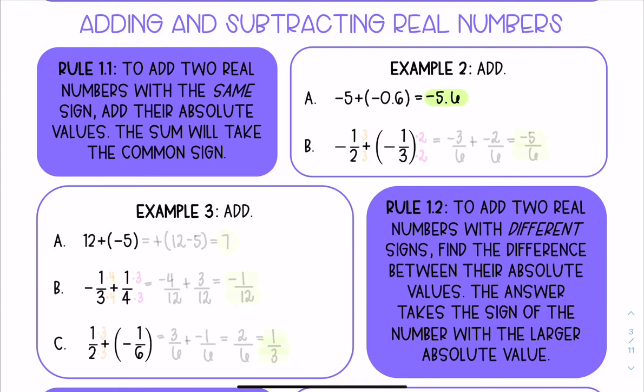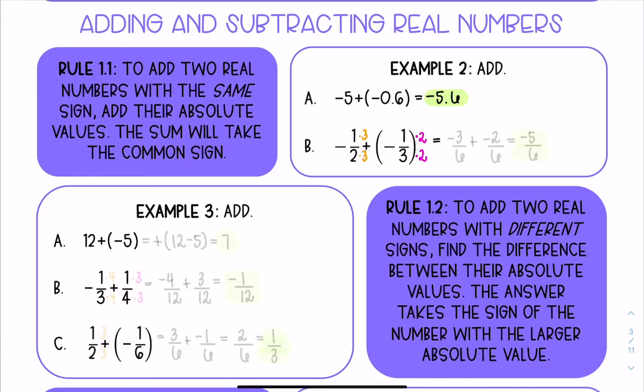What about -1/2 plus -1/3? We all know how much you love fractions, so the first thing we need to do is have a common denominator. So between 2 and 3, we can get to 6. So I'm going to multiply the first fraction by 3 on the top and bottom, and the second fraction by 2 on the top and bottom.